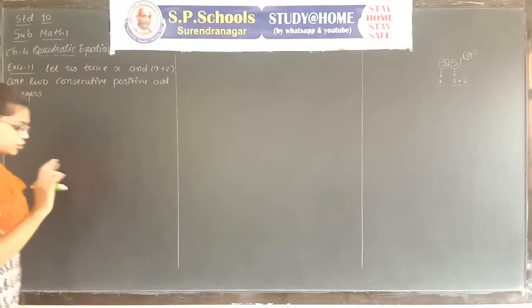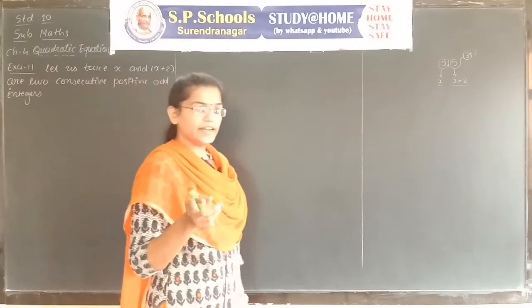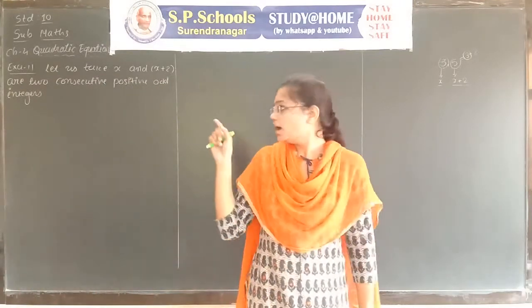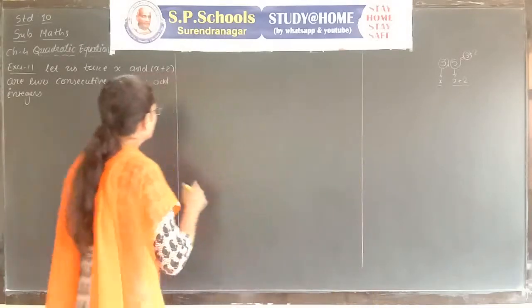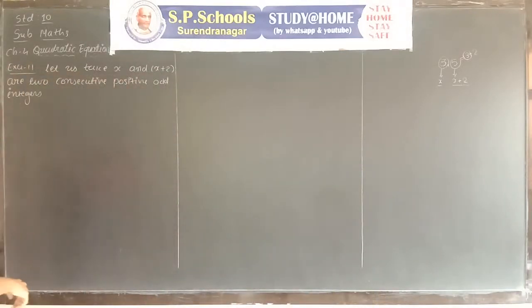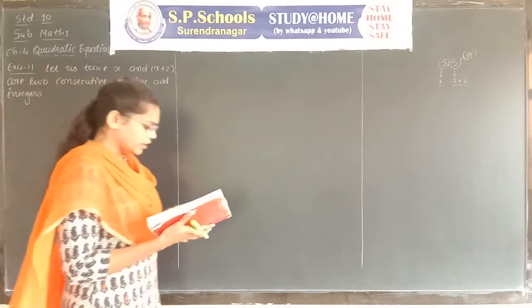If they were only two consecutive positive integers, then we would take x and x plus 1. But since they are consecutive odd positive integers, x and x plus 2 are two consecutive positive odd integers.